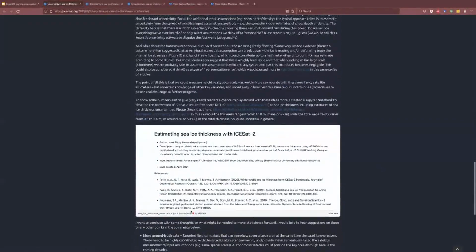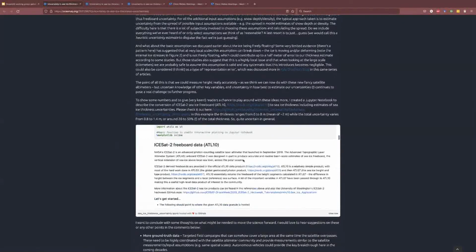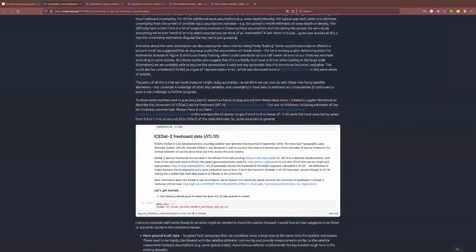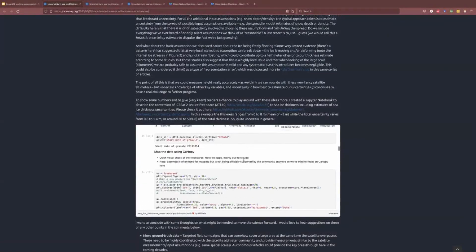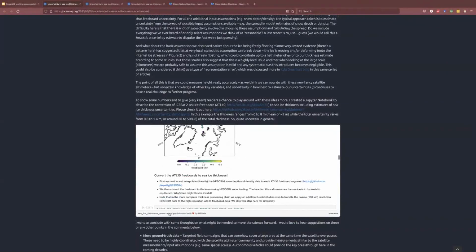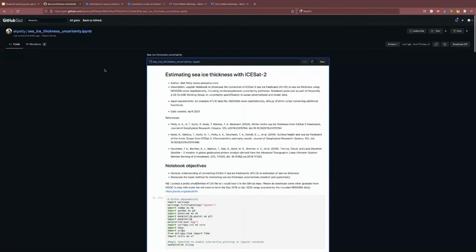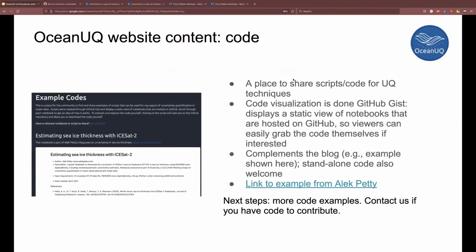Then he embedded this code inside the blog, so you can take a look at what he's done in terms of the analysis with some nice figures. If this is interesting, you can click to his Python notebook and download it yourself. So I think this has the potential to be super useful.